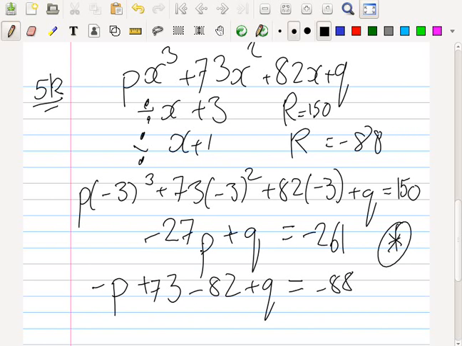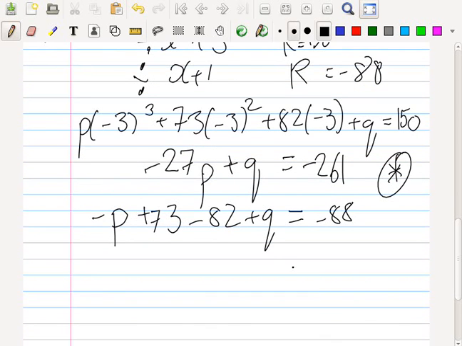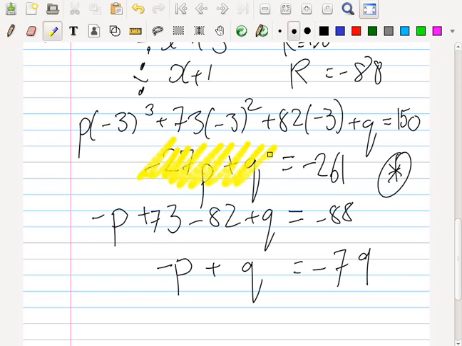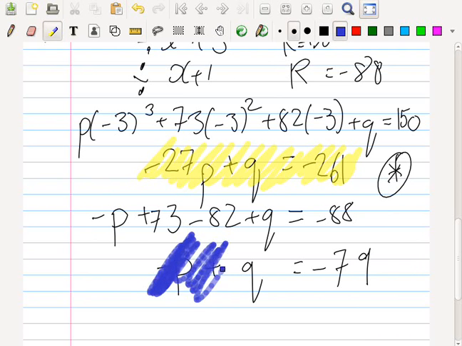Okay, so that one now, minus 88 plus 82 minus 73 is minus 79. So minus 79 equals minus p plus q. Alright, that's great. So that is like our first equation, and then this one here is like our second equation.